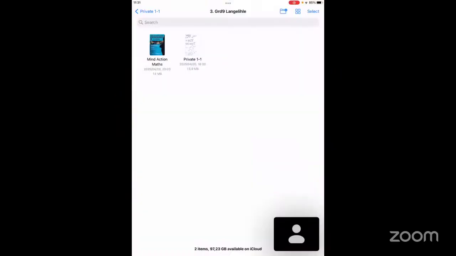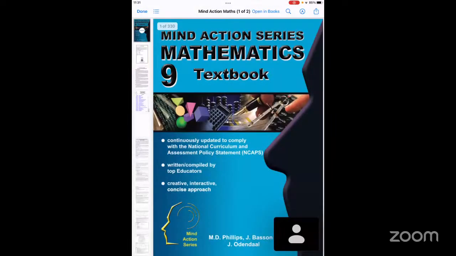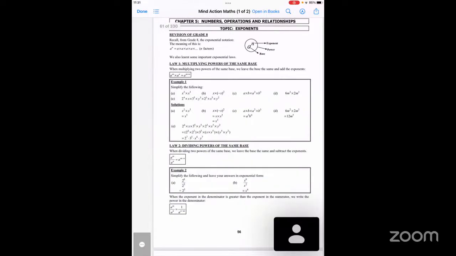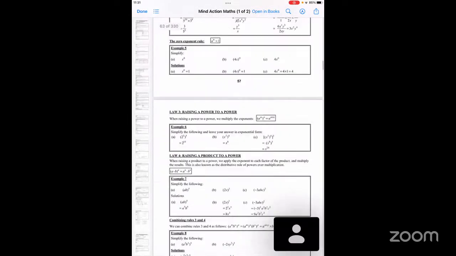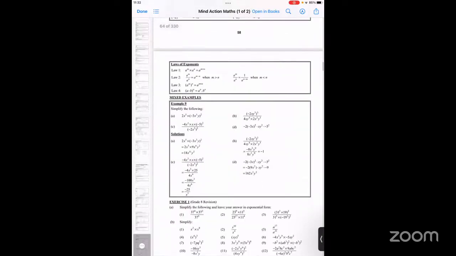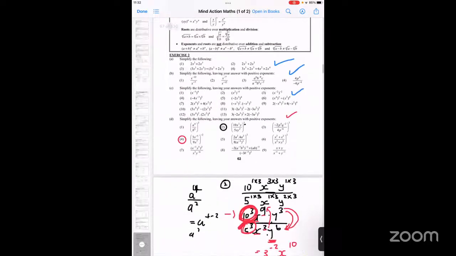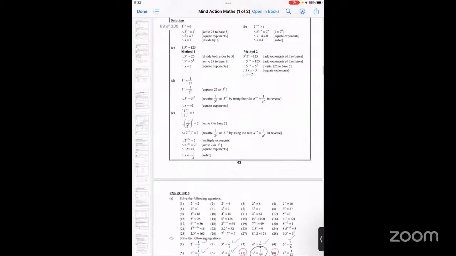So wait, let's see. Langelihle, do you still remember what that page was? I don't think you remember, but let's see. The page where I gave you those exercises. Do you still remember that page? Not that one. Not that one.